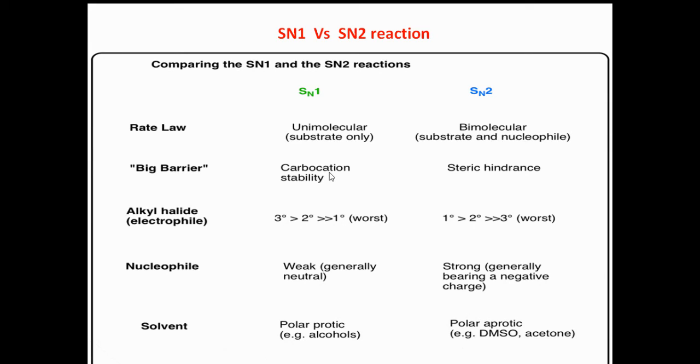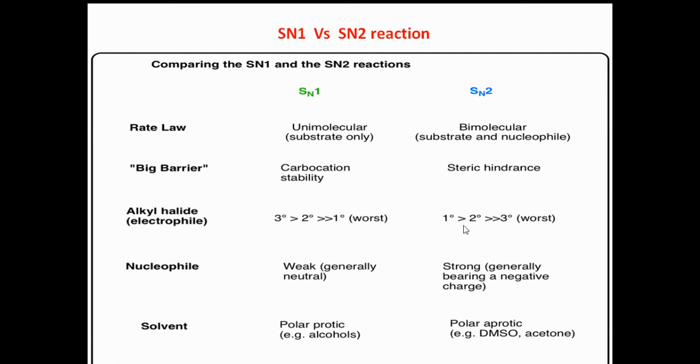So the speed of the SN1 reaction depends upon the stability of the carbocation. If we look at the different types of carbocations, tertiary carbocation is more stable when compared to secondary and then primary. So the reactivity order of alkyl halides will be: tertiary alkyl halides react faster, then comes secondary in SN1 reactions.